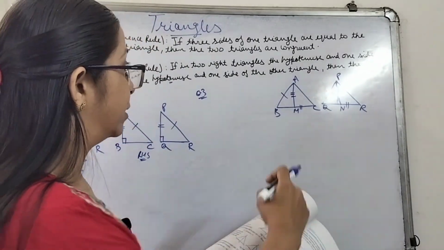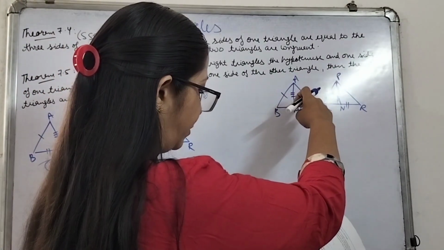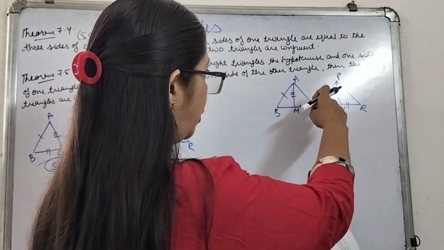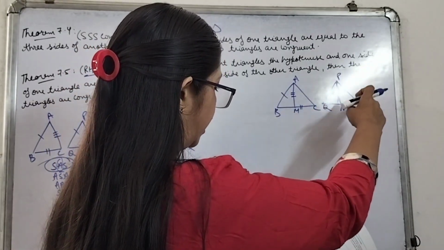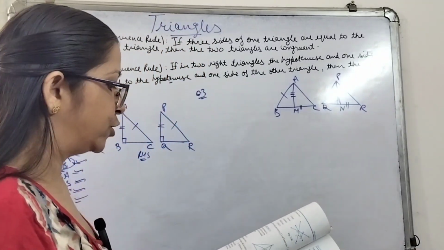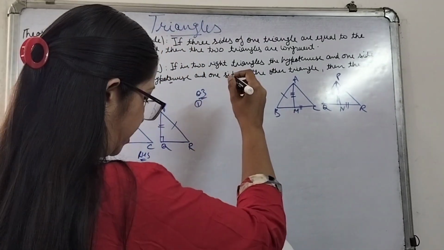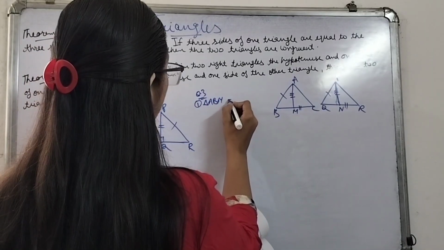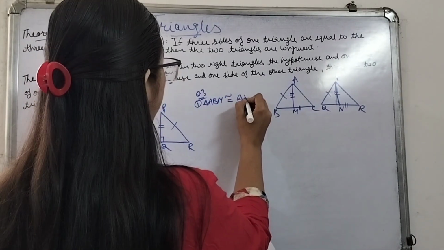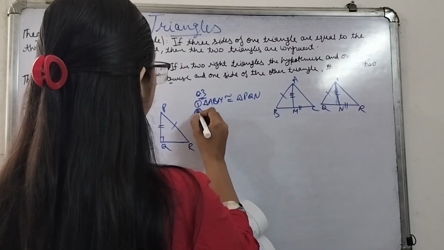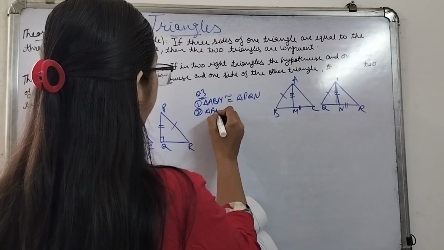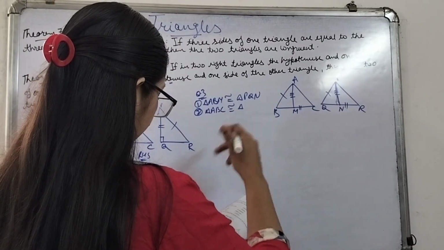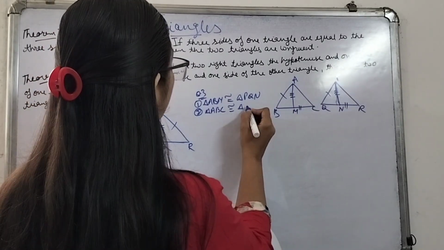Two sides AB, BC and median AM of one triangle ABC are respectively equal to PQ, QR and median PN of triangle PQR. The first part to be proved is that triangle ABM is congruent to triangle PQN, and the second part is that triangle ABC is congruent to triangle PQR.